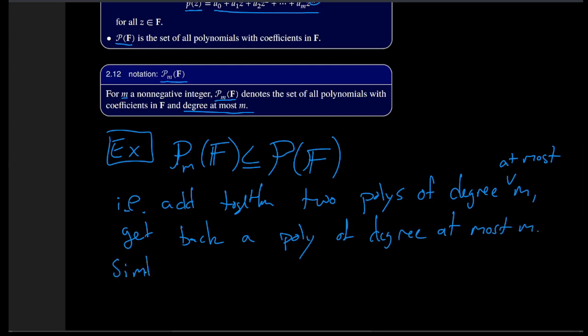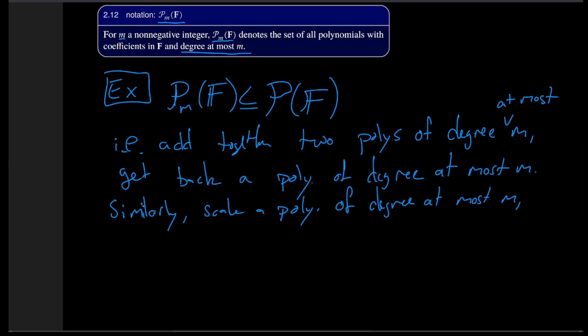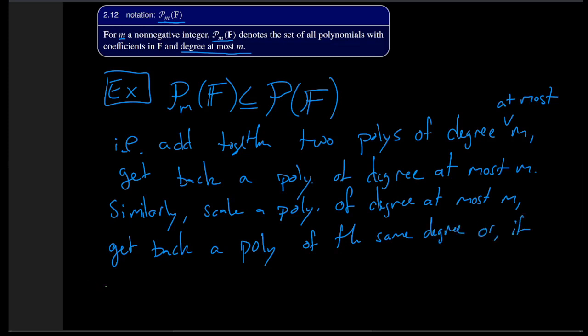Similarly, scale a polynomial of degree at most m, get back a poly of the same degree, or, if the scalar is 0, a lower degree polynomial.